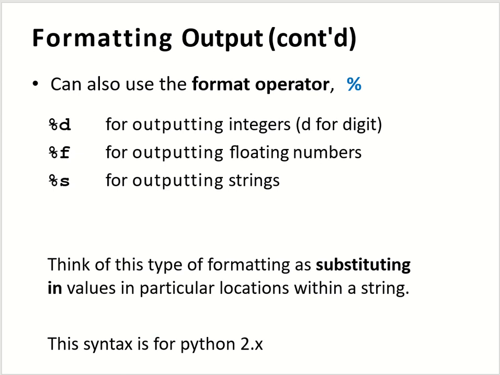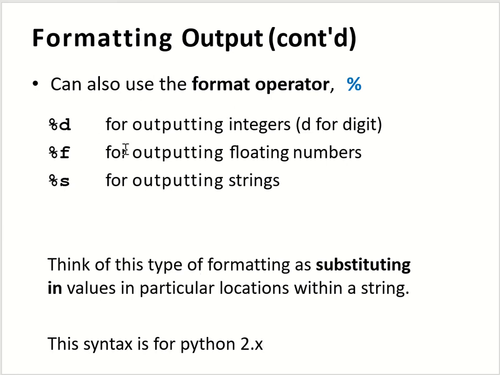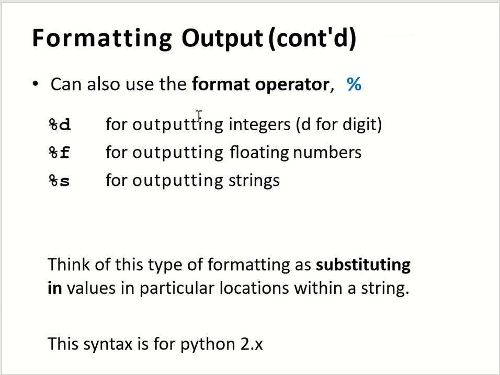Another thing about formatting, and note this is just for early Python, say it works in Python 2. It's a method of substituting in values to different positions in a string using this format operator. So it's a percent sign, not the modulus operator. It's always going to be within a string.